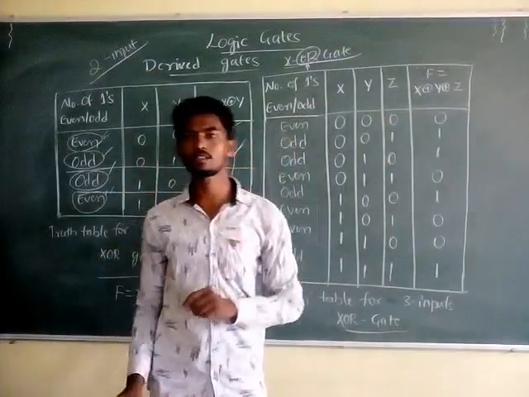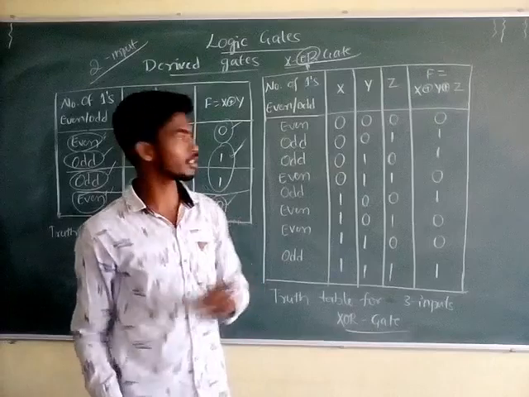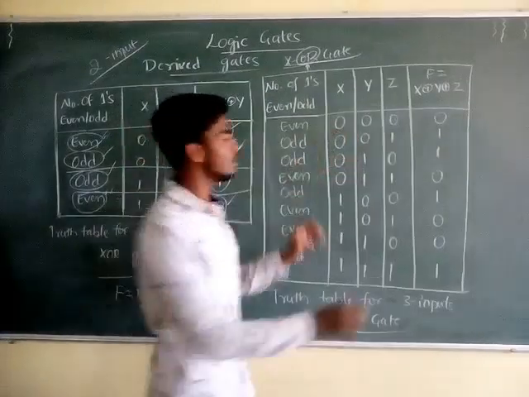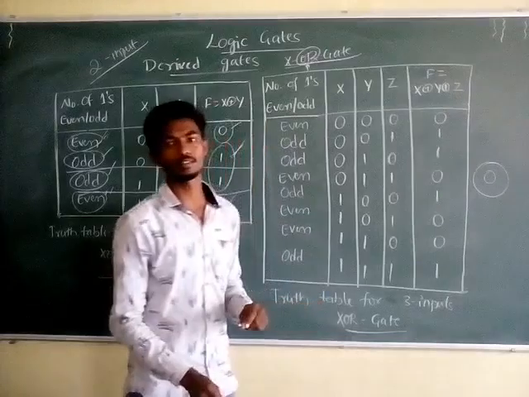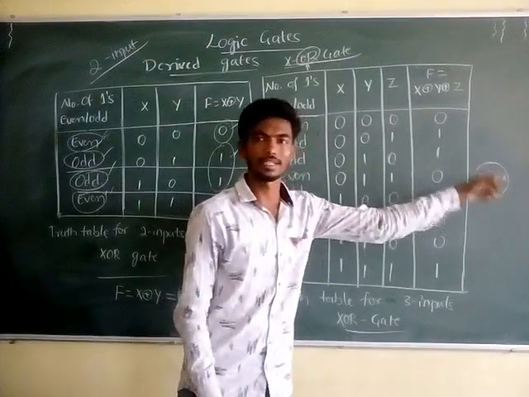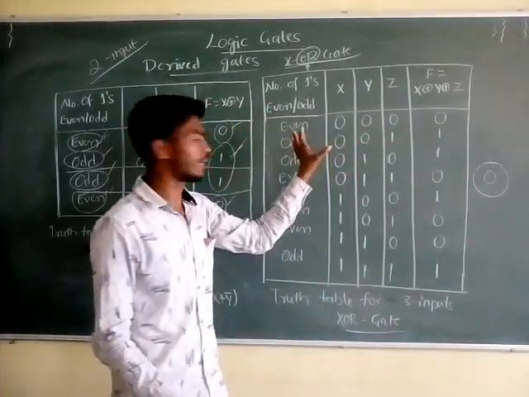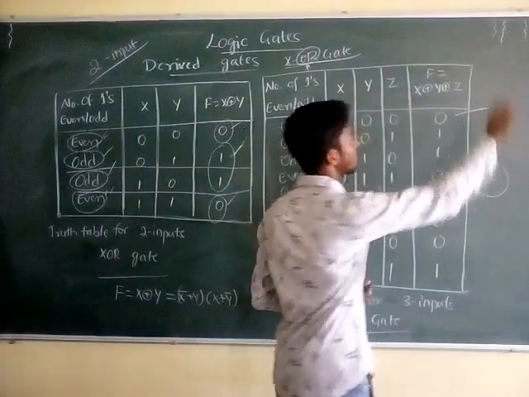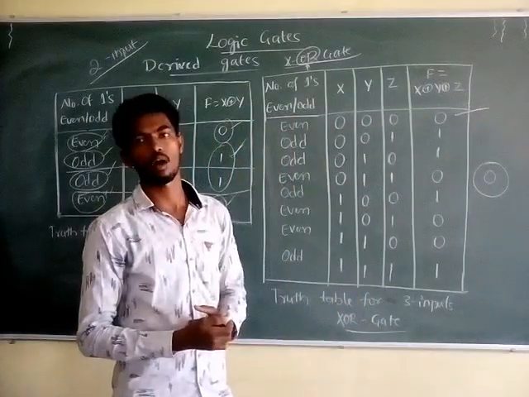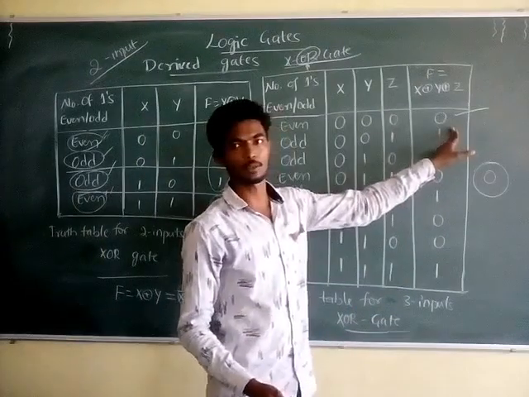There is no 1 in this input combination, so the number of ones is 0, which we consider even. So the output will be low, or 0.